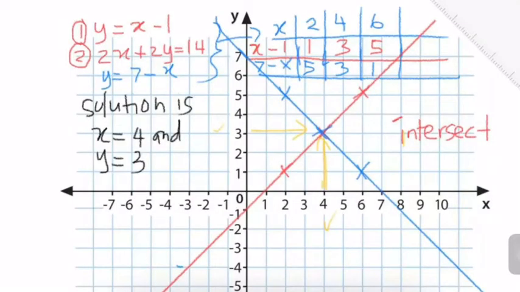Yang ni sudah ya? Ada soalan tak yang ni? Hello, ada soalan tak untuk Teacher, macam teacher buat yang 2x plus 2y tu jadi fraction tu? 2x plus 2y equals to 14. Macam mana cikgu dapat y equals to 7 minus x? Cikgu bahagi 2.